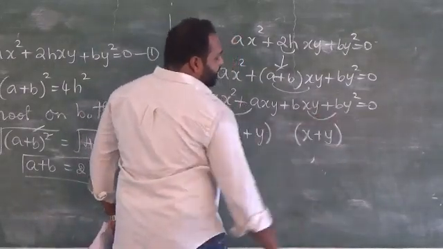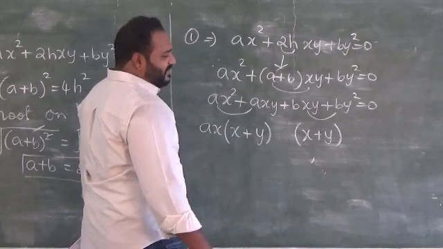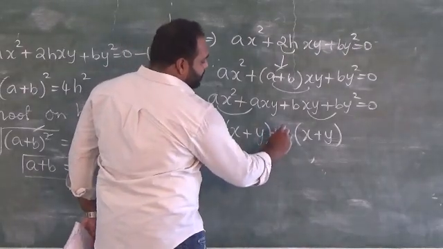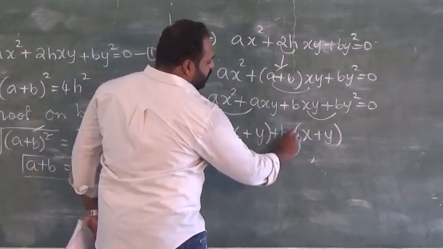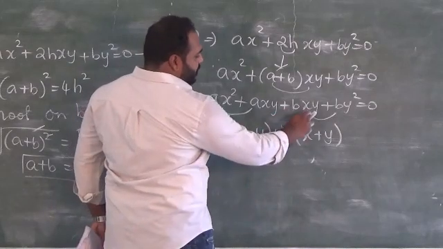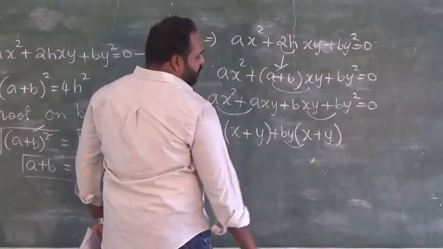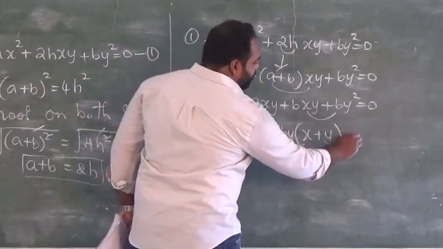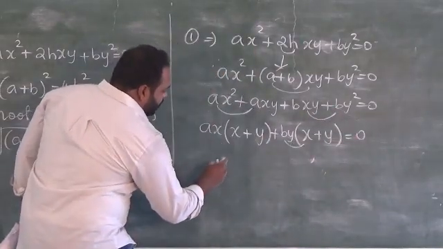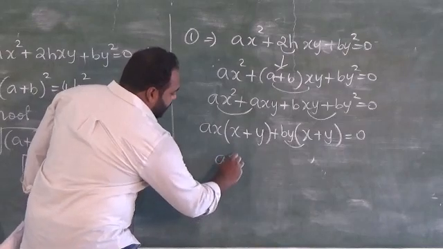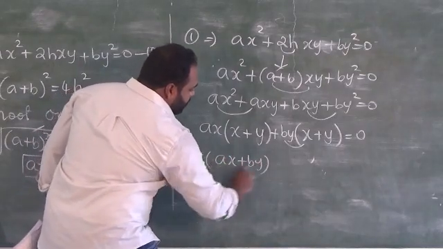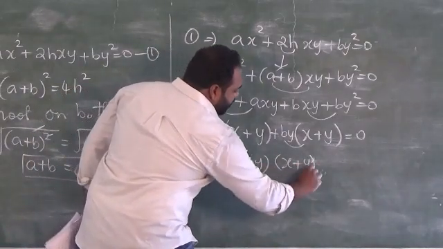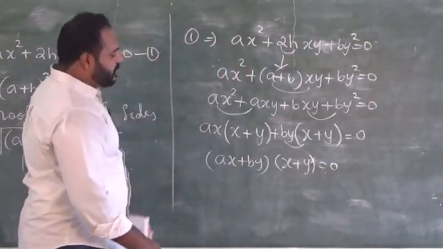Here plus by we can take. If you take by commonly outside, multiply inside by into x, bxy, by into y, by square equal to 0. So here the common factors are ax plus by and x plus y equal to 0. So now we got the factors.